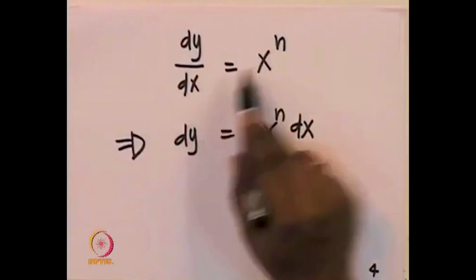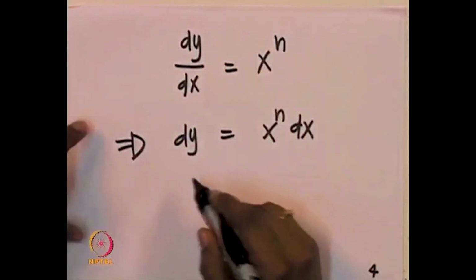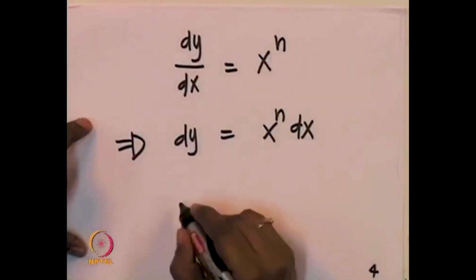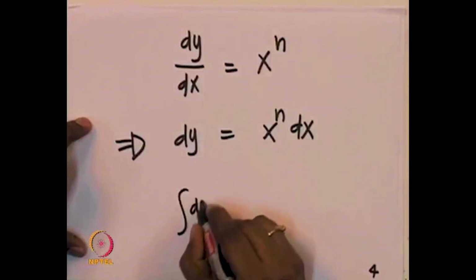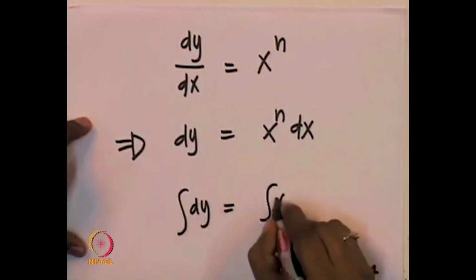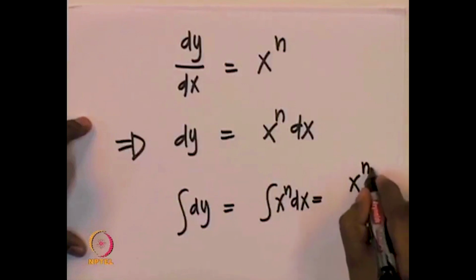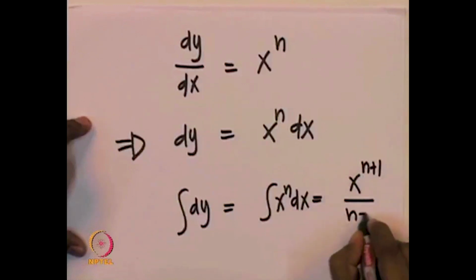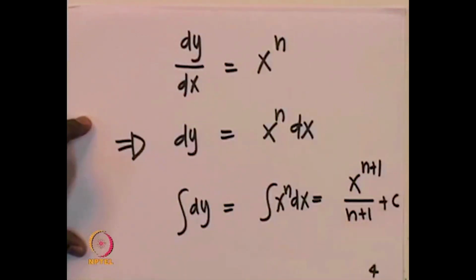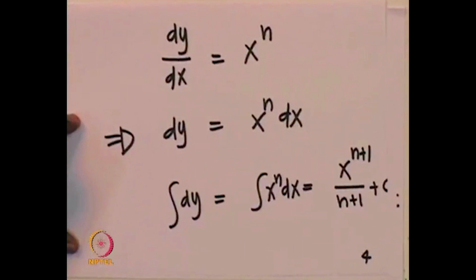Let me explain what I am trying to say. dy by dx is x power n, so dy is x power n dx. So the integral of dy is the integral of x power n dx, and the answer we wrote is x power n plus 1 by n plus 1 plus a constant c.